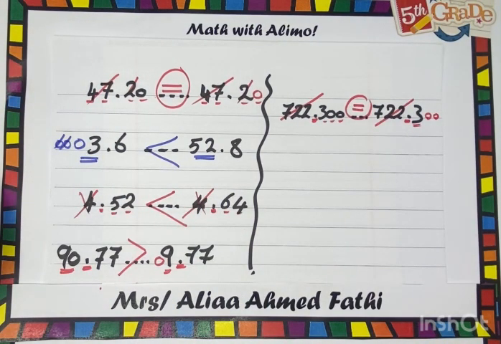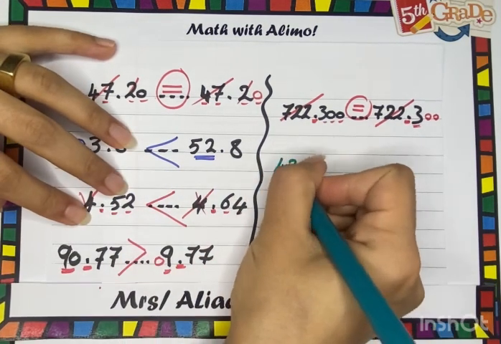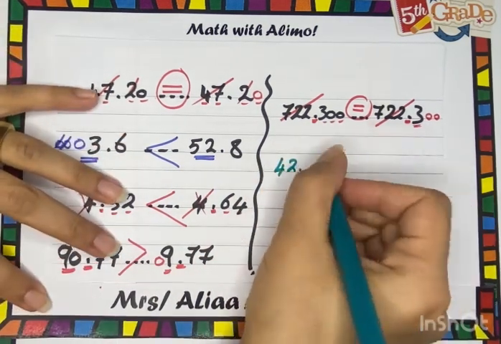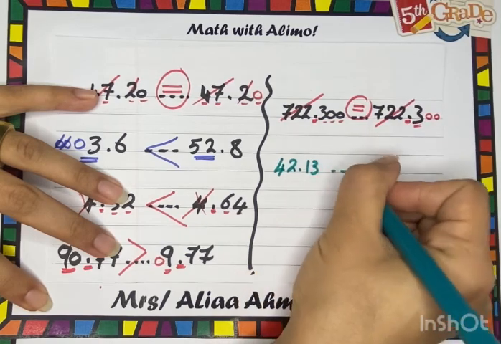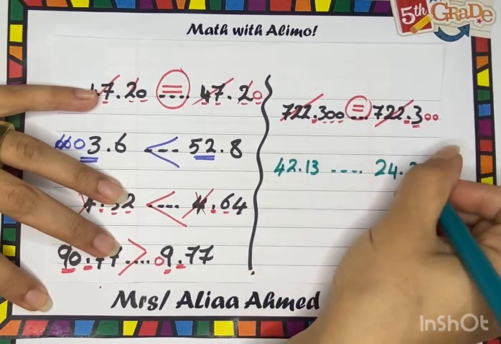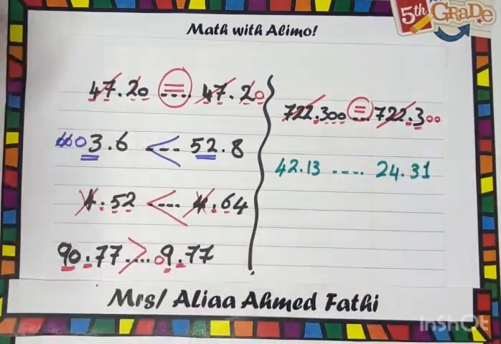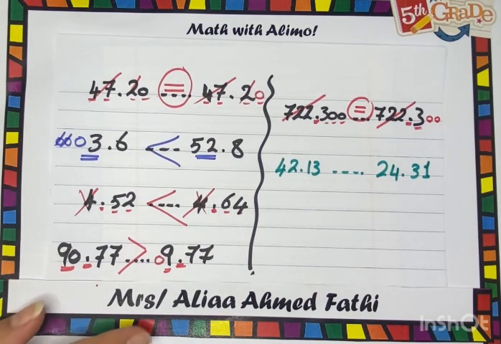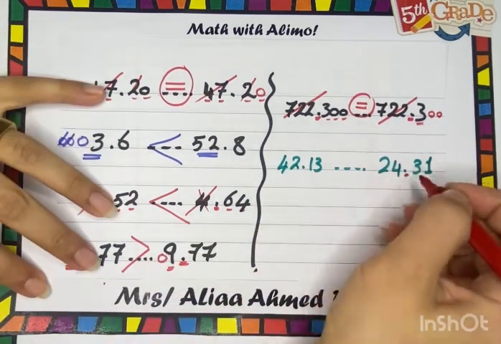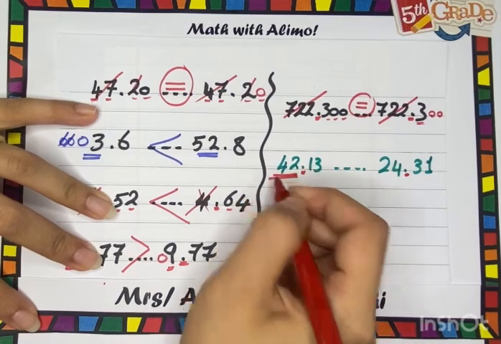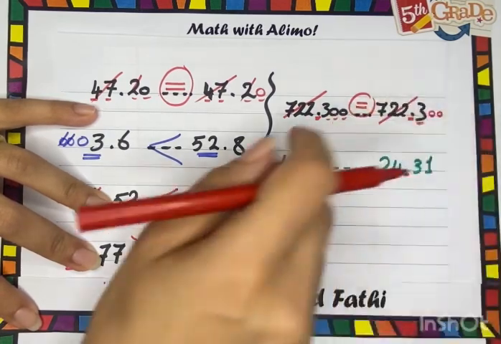Okay. Another one. If I have 42.13 or 24.31. Okay, let's check. Now I have a decimal point. Then in the whole part, I have 42 and 2 digits.